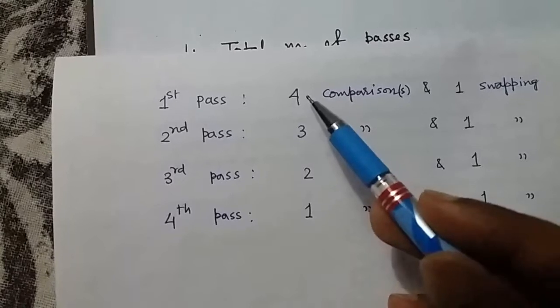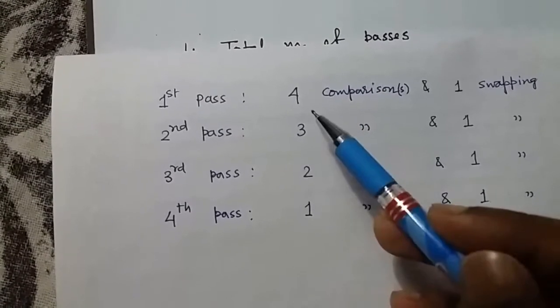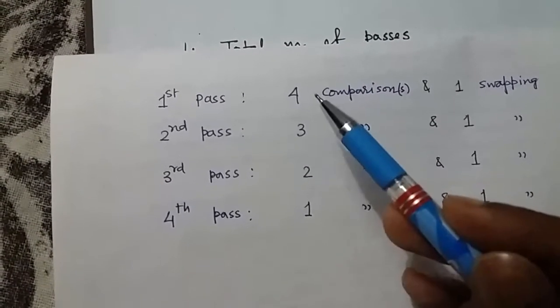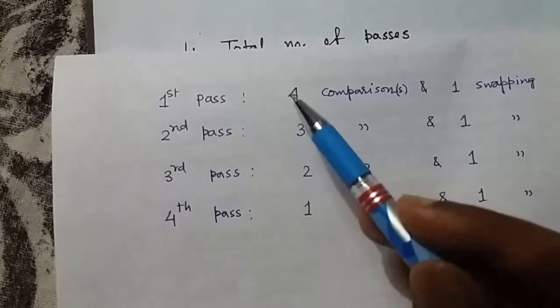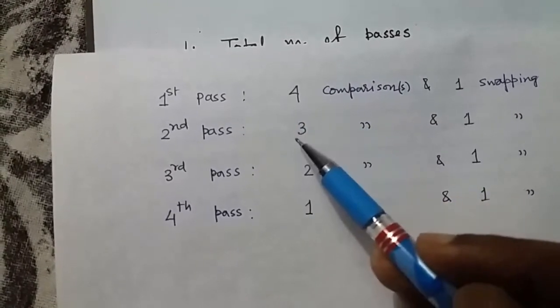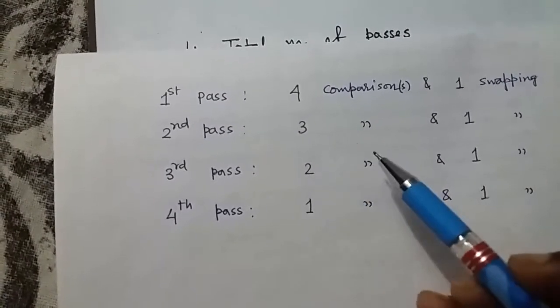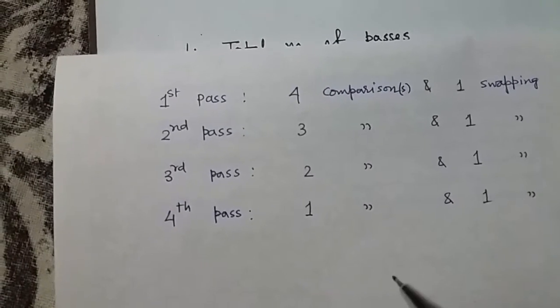So sum of all the natural numbers from 4 to 1, or you can also say 1 to 4. So in case of n elements, in the first pass you will get n minus 1 comparisons, and then you will get n minus 2 comparisons, then n minus 3 comparisons, dot dot dot, at last you will get only 1 comparison.